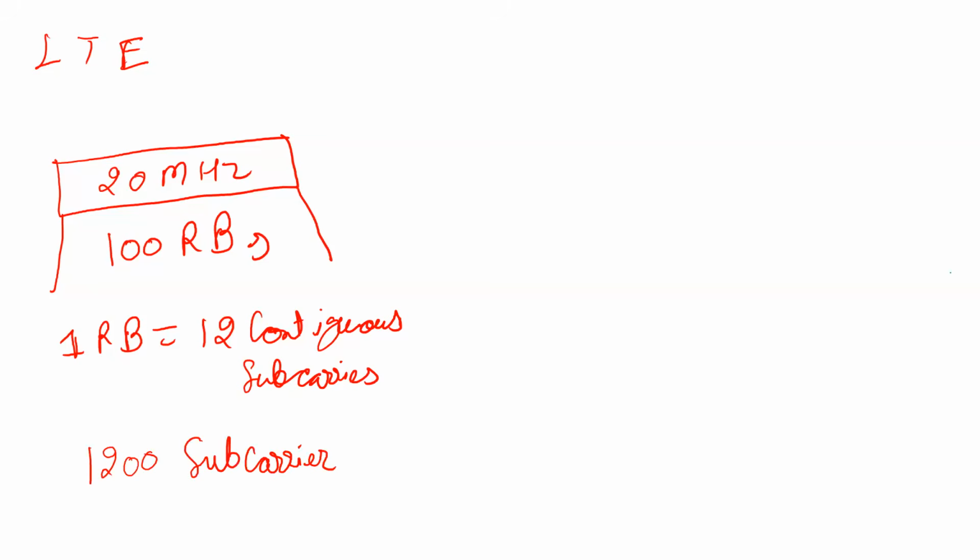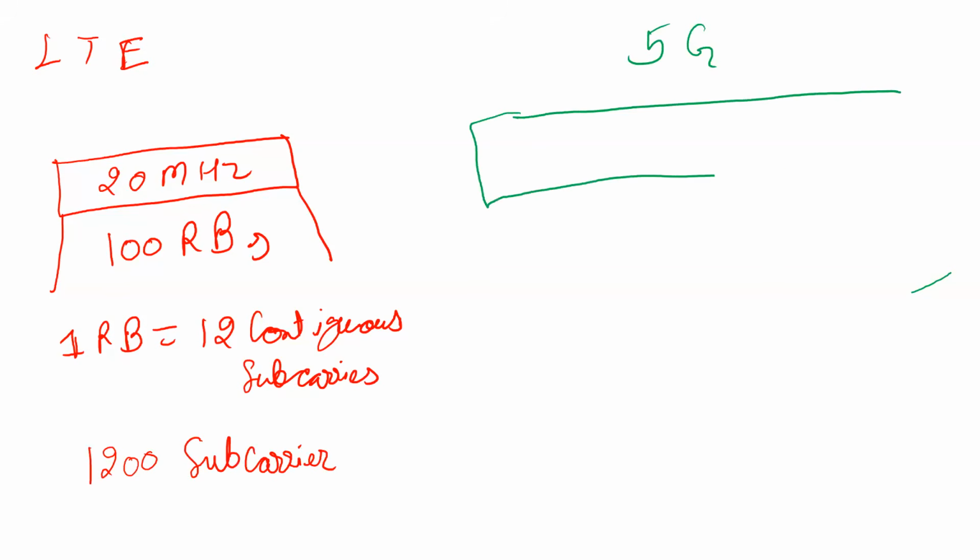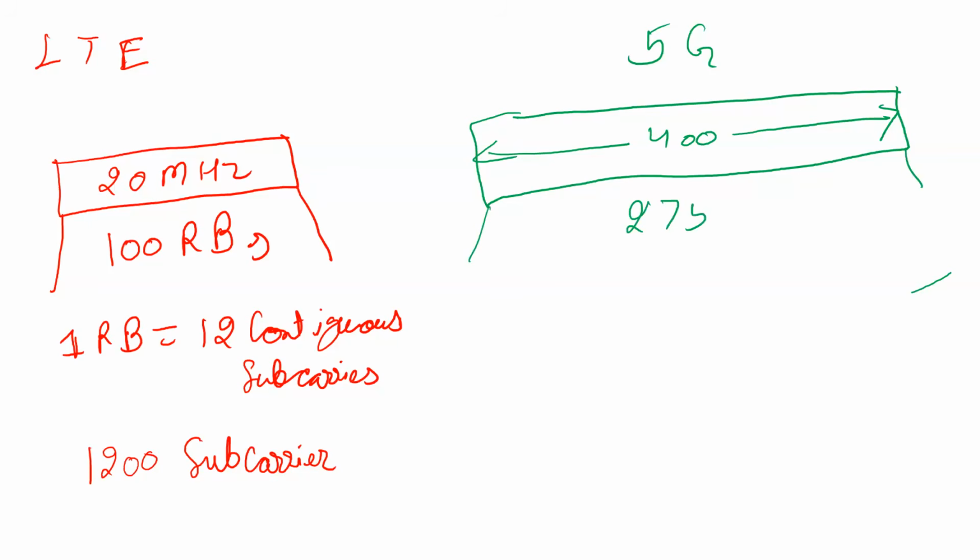But if we take the example of 5G, the maximum bandwidth that can go is 400 megahertz, right? And according to 3GPP, the maximum number of resource blocks allowed in 5G is 275. 275 resource blocks are allowed.